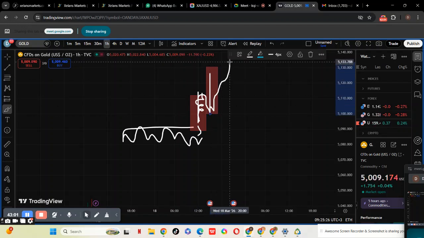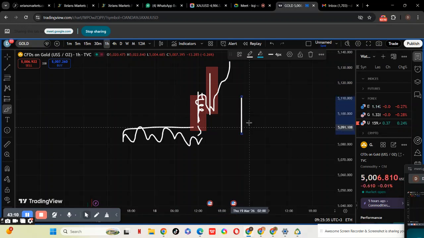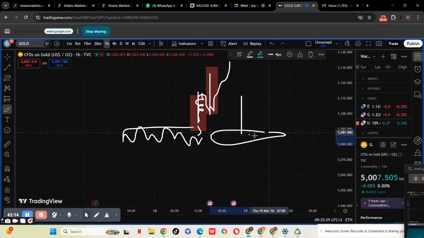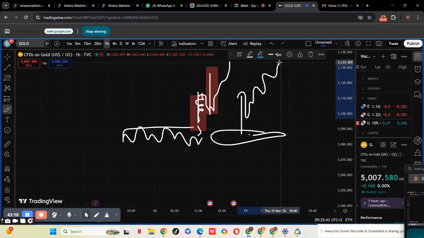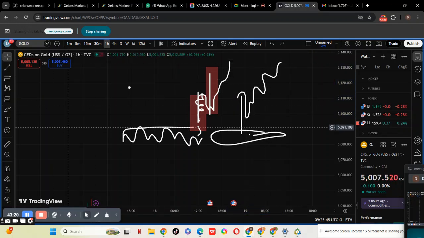But I'll elaborate that when we go to support and resistance. Just know, after the candle breaks above the consolidation, the next candle must come down to retest. Then you see such a move. So let's see an example.